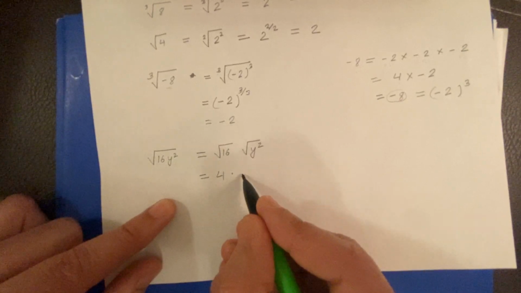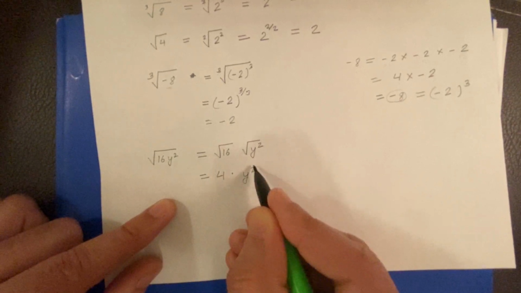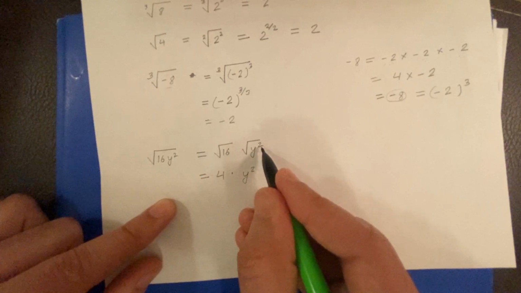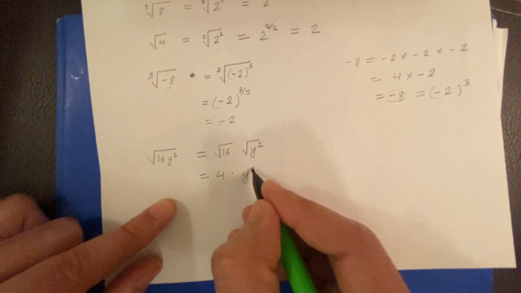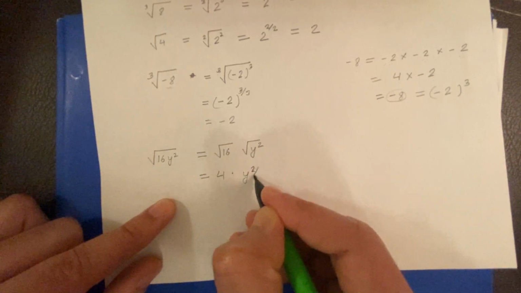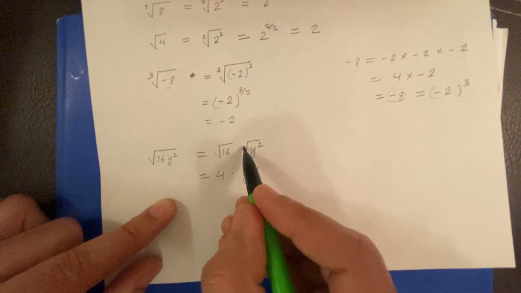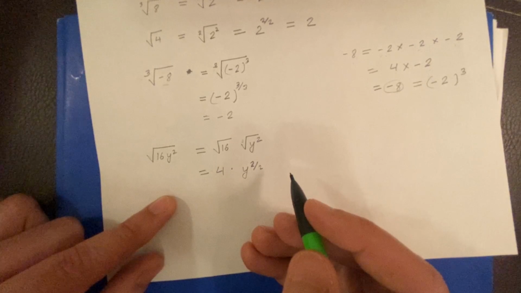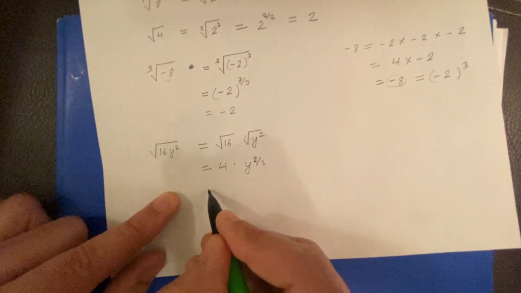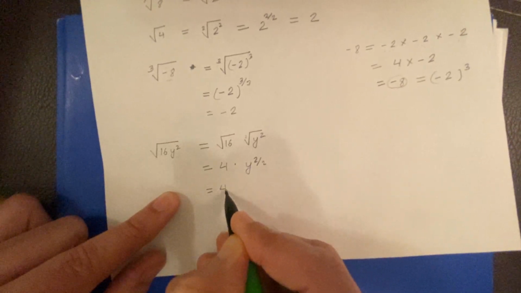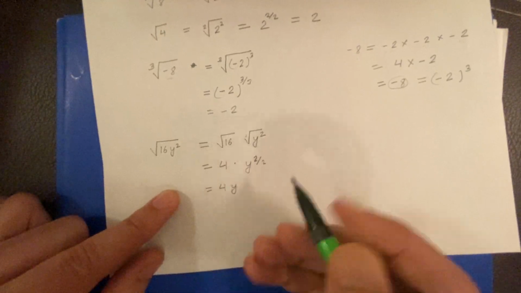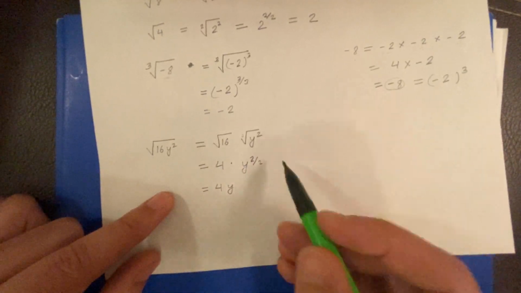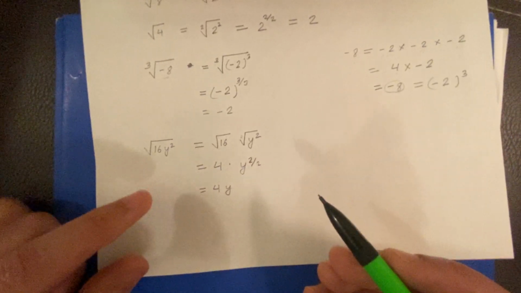So y squared is inside the root, and you can divide this 2 on the top by another 2, because the index here is 2, so 2 over 2. So we get 4 times y, because 2 over 2 is 1, so just 4y.